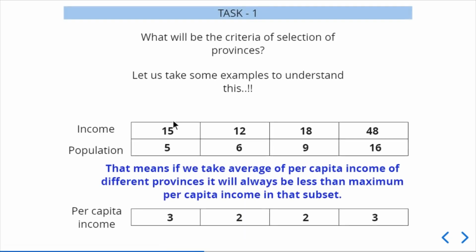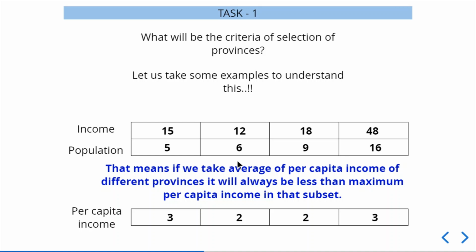Like in this particular example, if we only took this particular province, it has the maximum per capita income, that is 3. That's what the chef wants. Chef wants maximum per capita income, and if we took only this state or this state, it will give the maximum per capita income, and if we combine any other state with a lower per capita income, that will reduce the overall per capita income.